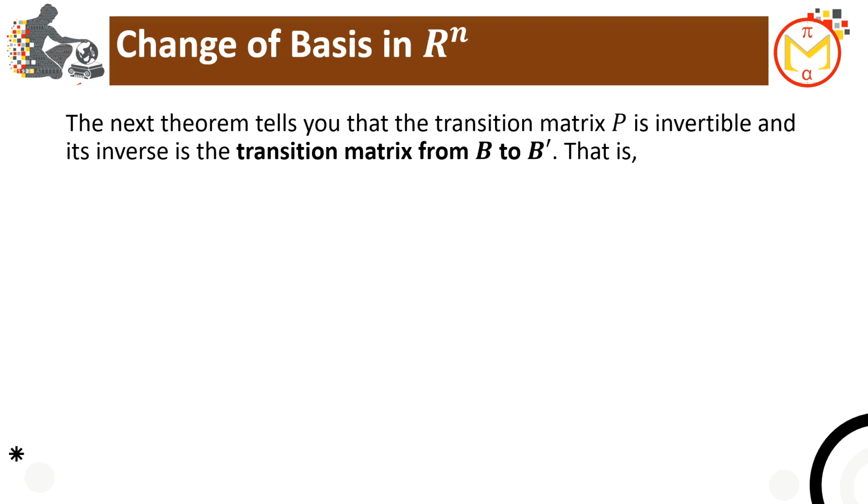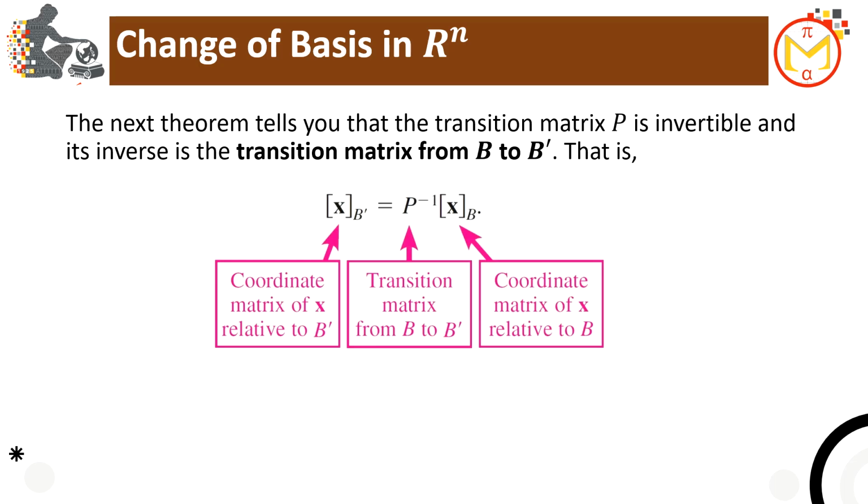Now the next theorem tells you that the transition matrix P is invertible and its inverse is the transition matrix from B to B prime.